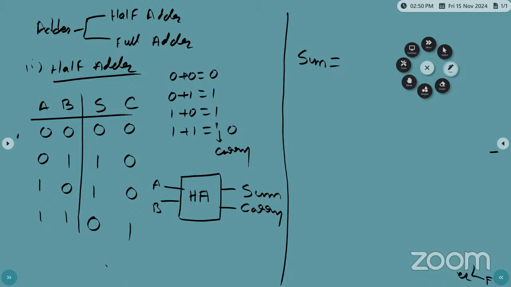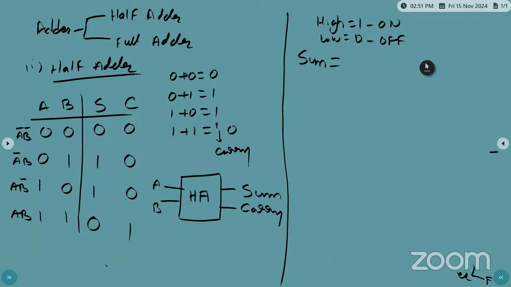This input combination is called A bar B bar, this one is A bar B, this one is A B bar, and this one is A B. While drawing the logic circuit, high means 1 and low means 0, and 1 means on and 0 means off.